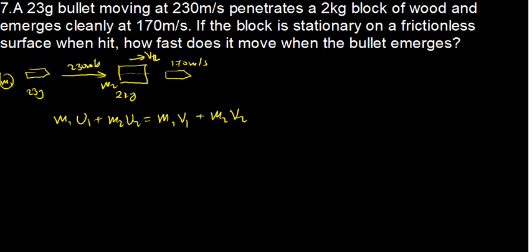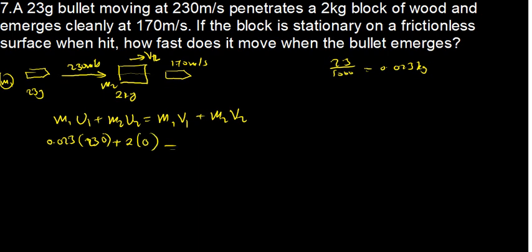M1, the mass of the bullet is 23 grams, so that is 23 divided by 1000 to convert it to kg. So 23 over 1000, that gives us 0.023 now in kgs. So that will be 0.023 multiplied by the initial velocity, which is 230, and then plus m2, which is 2 kg. Now it wasn't moving, it is at rest, so the initial velocity is 0.